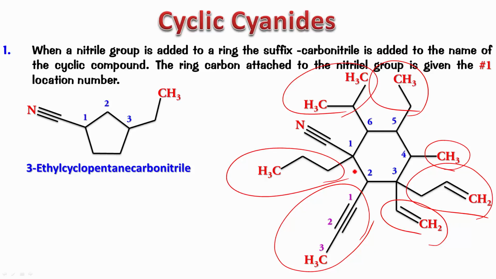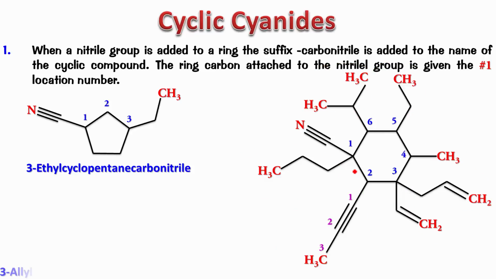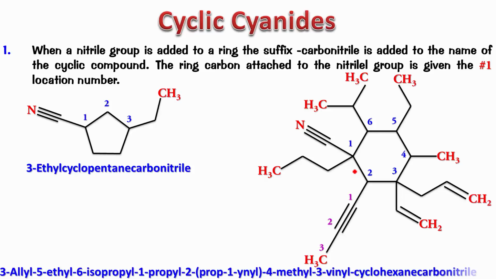And now arrange them in the correct alphabetical order. 3-allyl, 5-ethyl, 6-isopropyl, 1-propyl, 2-prop-1-inyl, 5-methyl, 3-vinyl cyclohexane carbonitrile.